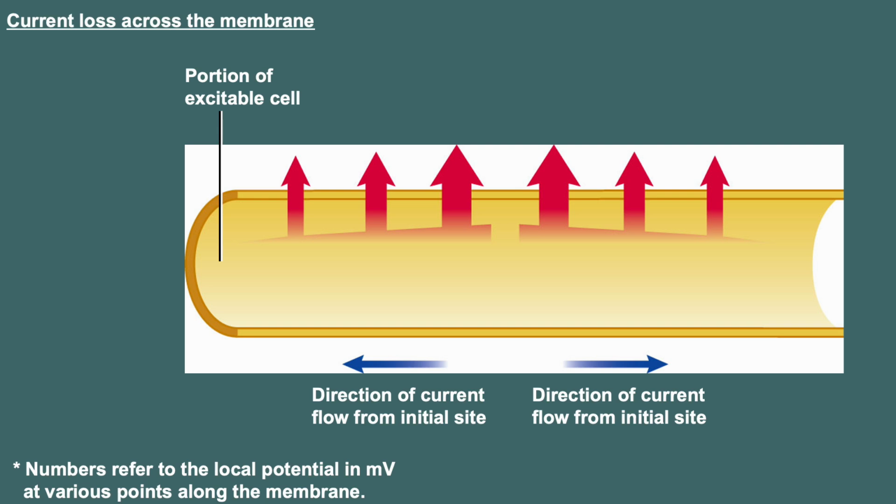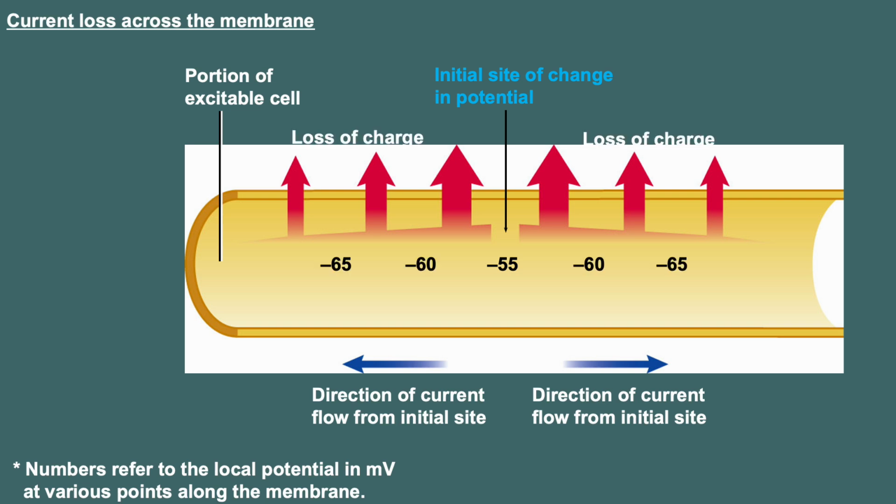This illustration right here is actually showing us just that, how at the initial site of change in potential, that depolarization, we're now at negative 55 instead of negative 70. Well, we start to lose those positively charged ions through leak channels, right? And we then approach our normal resting membrane potential as that signal dissipates away from that origin.